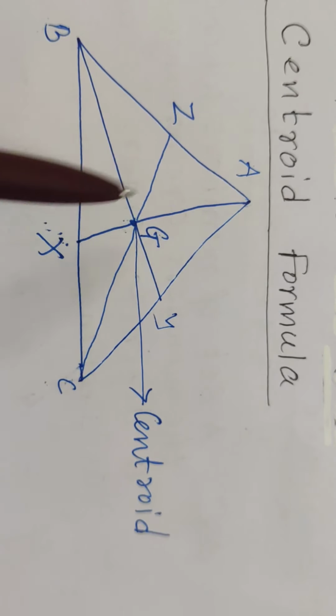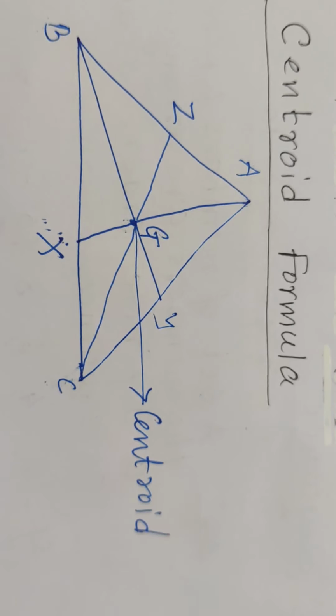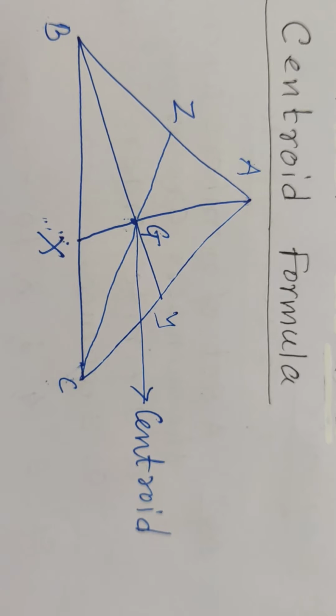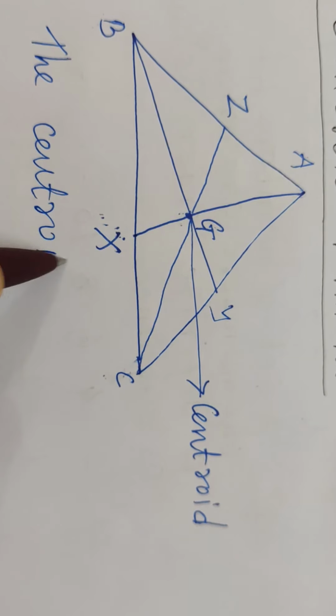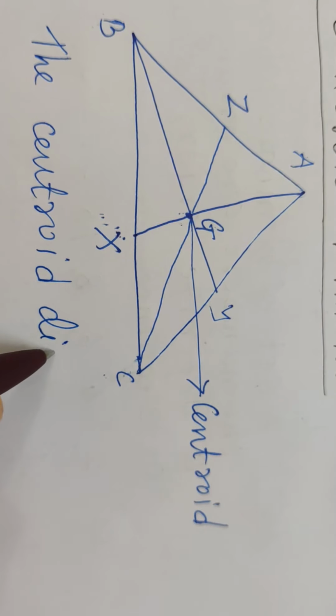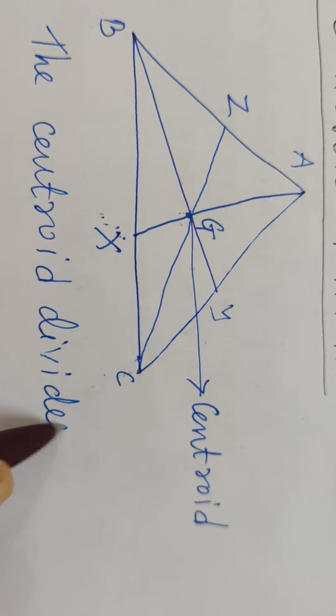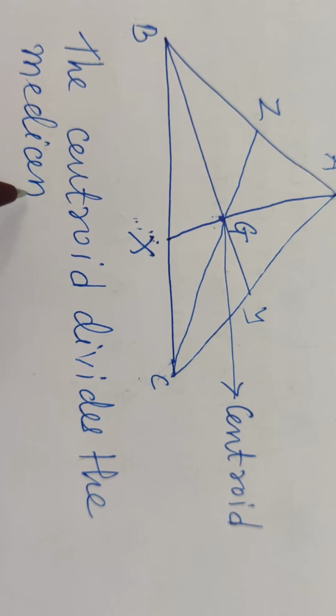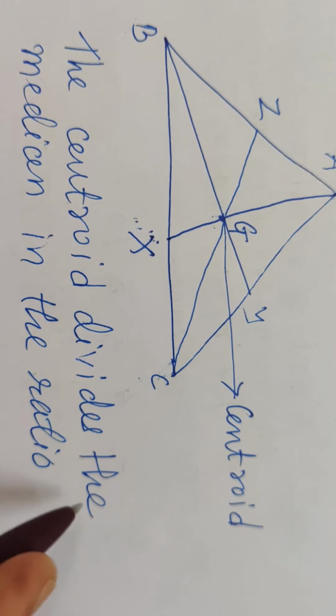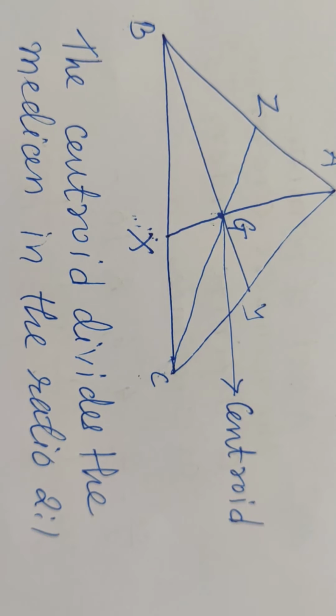So the centroid divides the median in the ratio 2:1. This property or rule you should remember.